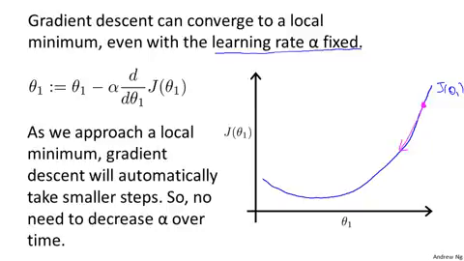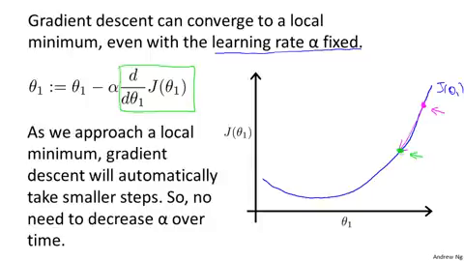Now I'm at this green point, and if I take another step of gradient descent, you notice that my derivative, meaning the slope, is less steep at the green point than compared to at the magenta point out there, right? Because as I approach the minimum, my derivative gets closer and closer to 0. So after one step of gradient descent, my new derivative is a little bit smaller.